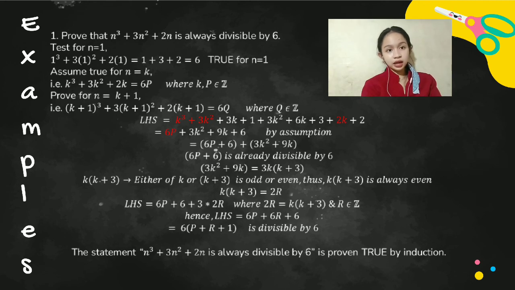Thus, the product k times the quantity of k plus 3 is always even. Hence, the LHS 6p plus 6r plus 6 is equal to 6 times the quantity of p plus r plus 1, which is divisible by 6. So, the statement n raised to 3 plus 3n squared plus 2n is always divisible by 6. So, it is proven true by induction.